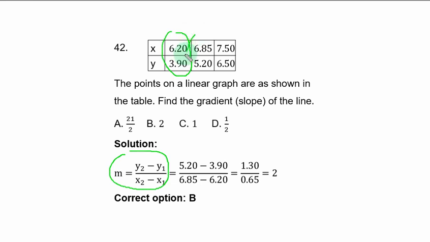You can take this as second coordinate, where S2 is 6.85 and Y2 is 5.20. You have it in this form. If you subtract, you get this, and when you divide, you have 2 as the gradient. B is the correct option.